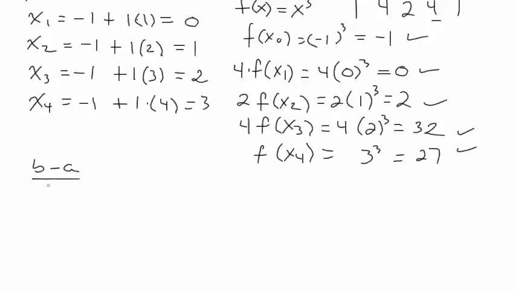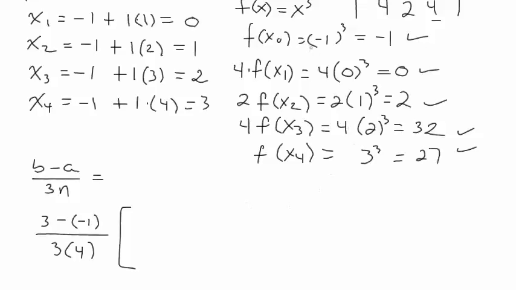I guess I better just write this out right here. So it's 3 minus negative 1 over 3 times 4, right.